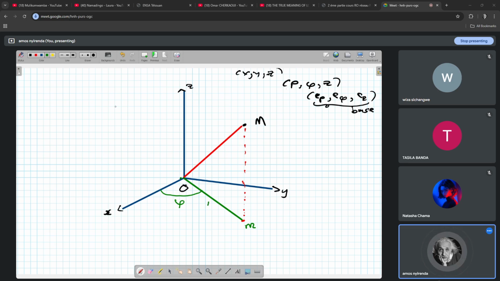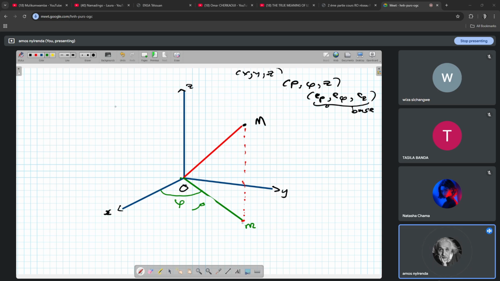Rho is this distance. It is the projection of this point M in the x-y plane. Rho is Om. Rho is Om. C'est bon? So this is rho, like so. The projection of this point M in the x-y plane is rho.